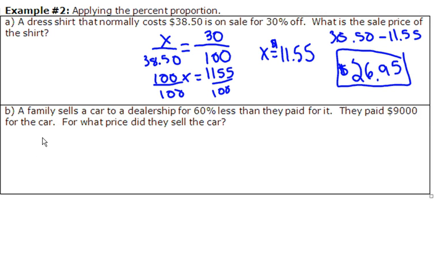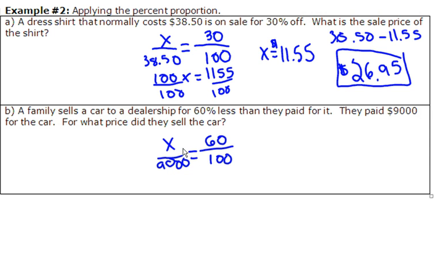So let's look at B. It's the same idea. A family sells a car to a dealership for 60% less than they paid for it. They paid $9,000 for the car. For what price did they sell the car? So we've got our percentage at 60 over 100. They originally paid $9,000 for it, so that's going to go on the bottom. And what goes on the top is our unknown, because we want to know what they took off from what they paid for the car originally.